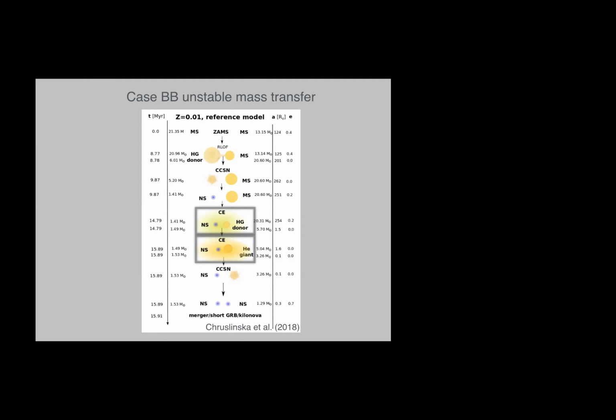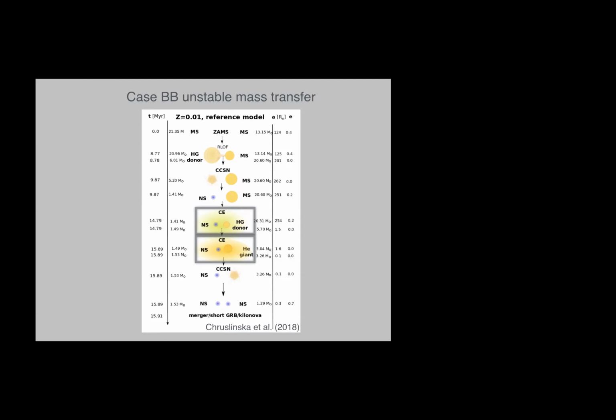But if there is a second common envelope process, then you really bring two neutron stars very close to each other, so that the merging time is very, very small, and that helps you merge fast before you travel way outside the virial radius of your host.